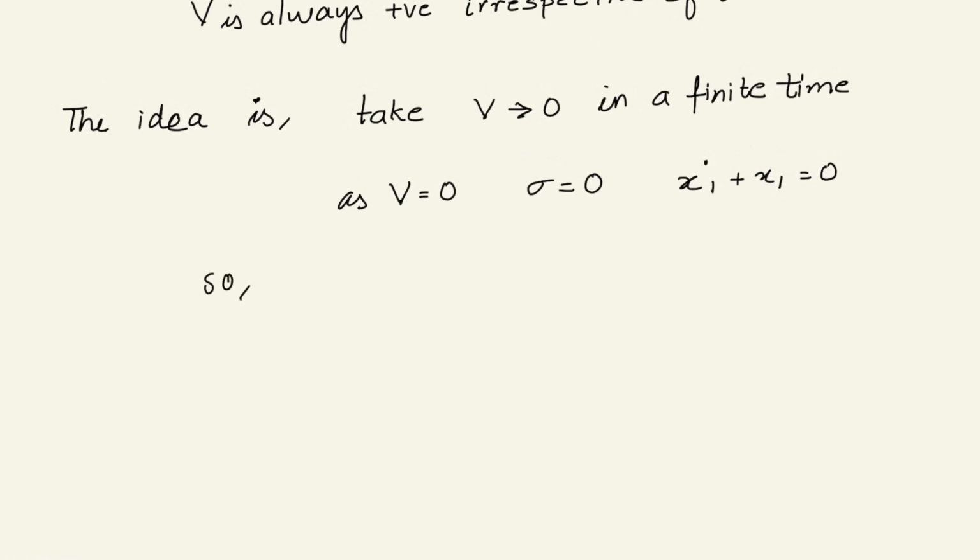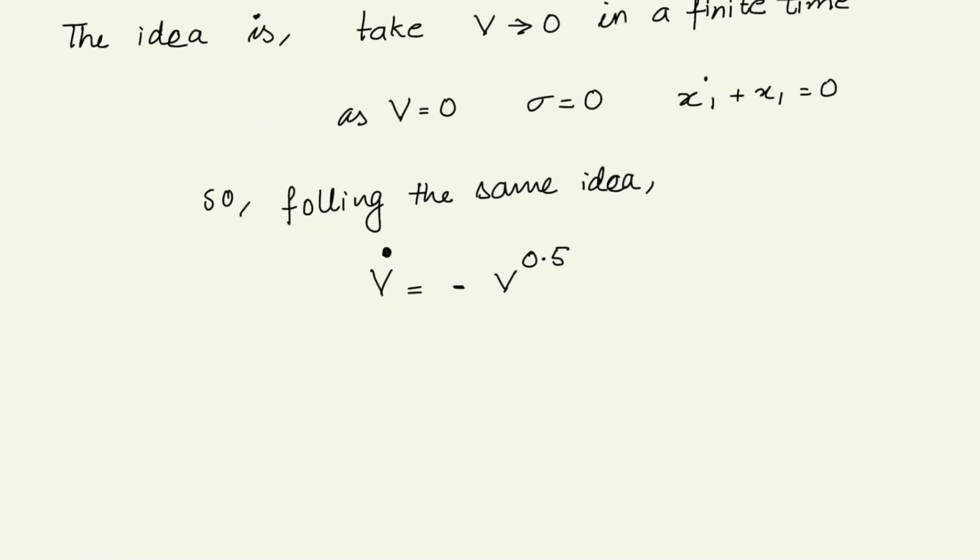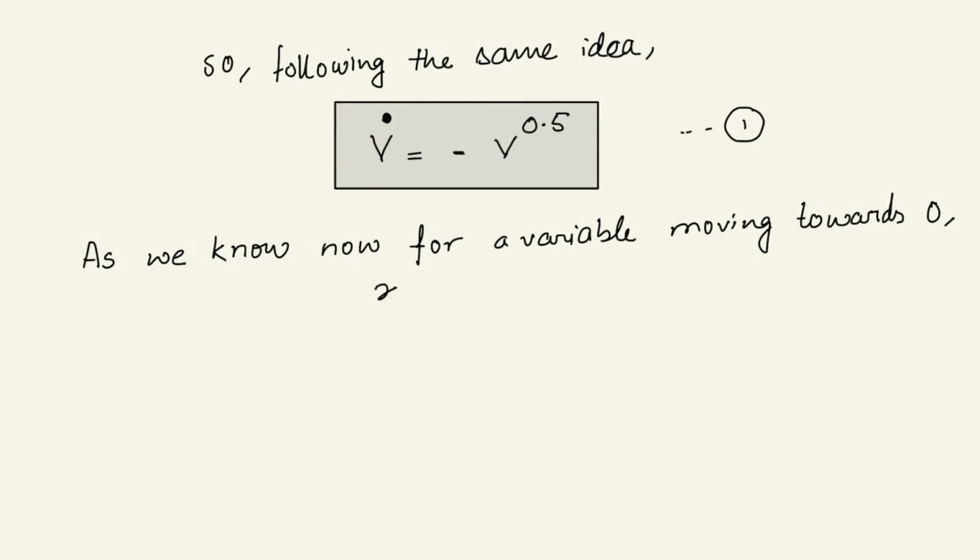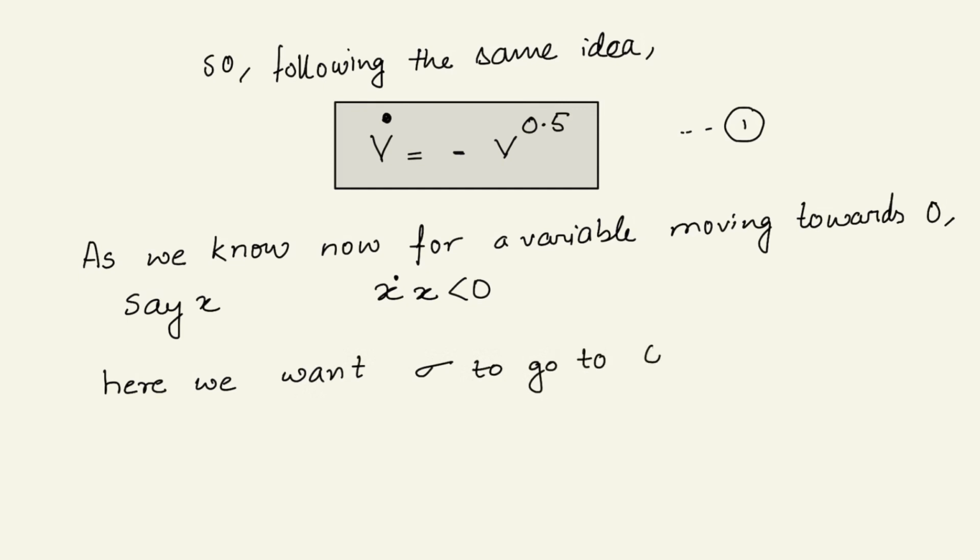As v becomes 0, sigma becomes 0, so x1 dot plus x1 also becomes 0. To make v 0 in a finite time, we will use the same strategy as v dot equal to minus v to the power half.